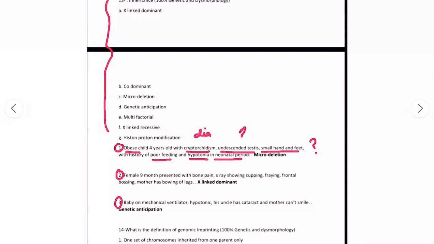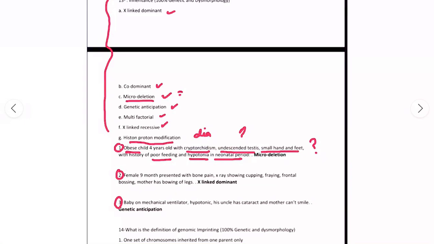What is the most common type? Is this X-linked dominant? Is this codominance? Is this microdeletion, genetic anticipation, multifactorial, X-linked recessive, histone modification? That is microdeletion, usually deletion. Here they have given the word microdeletion.